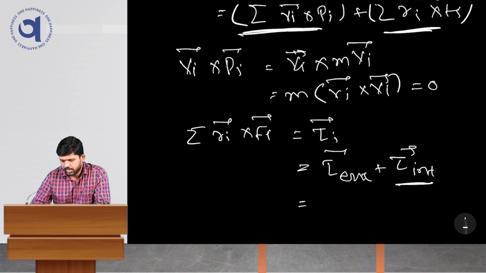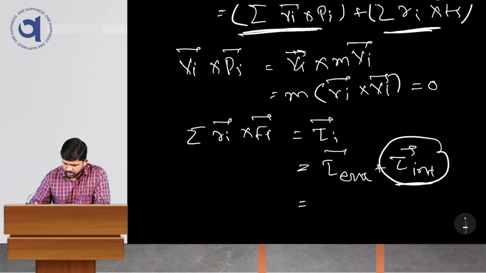Because this internal torque is due to the force between any pair of two particles in this system. According to Newton's third law, the two forces between any pair of particles are equal and opposite. So the net force is 0. So that is why this internal torque is 0.